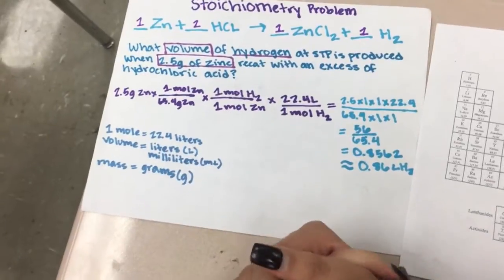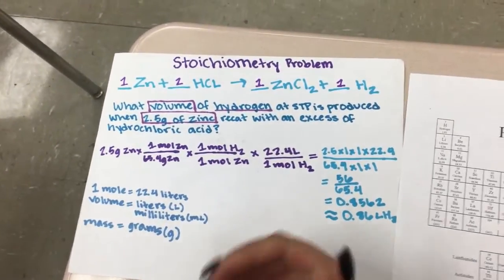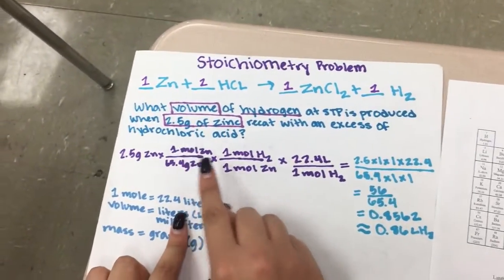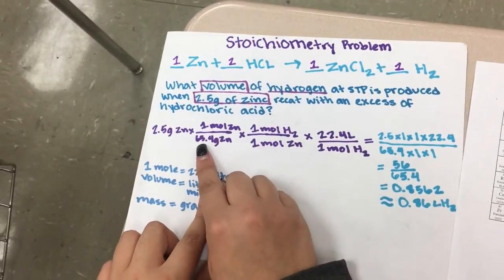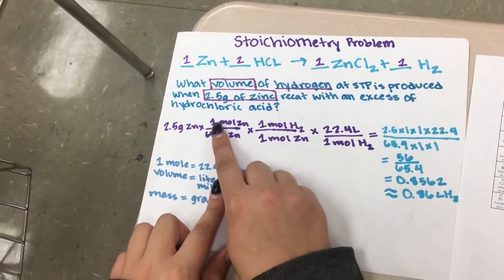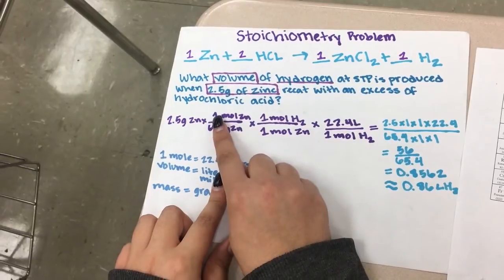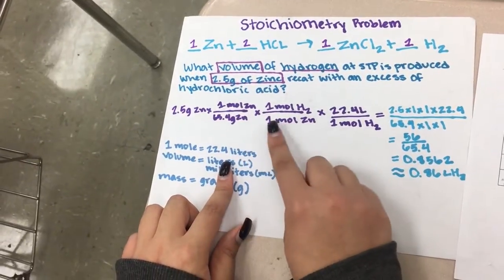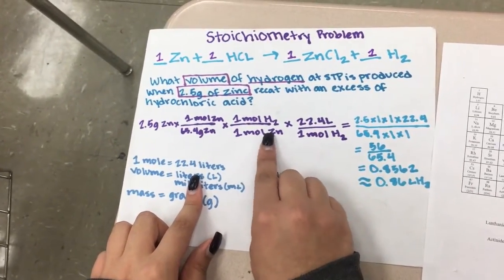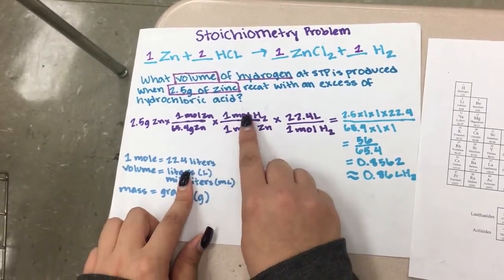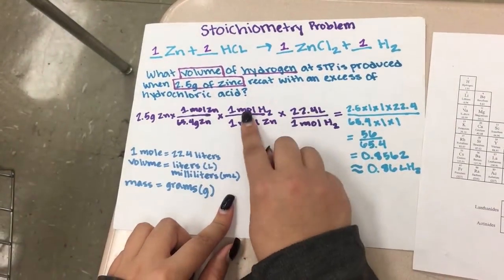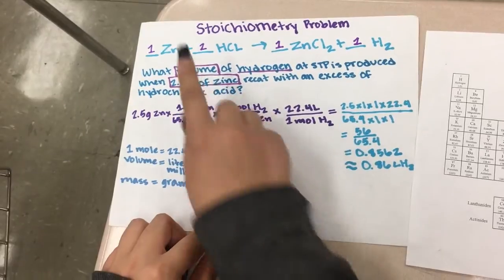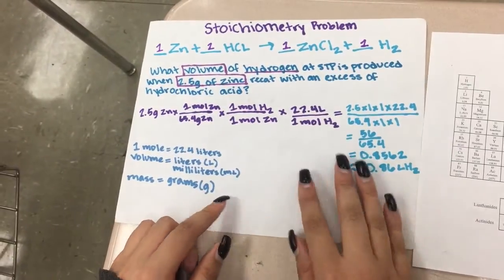One rule in a stoichiometry problem is that whatever unit's in the top has to be in the bottom, and because 65.4 grams of zinc is equal to 1 mole of zinc, we have to put 1 mole of zinc in the bottom as our unit, which is also equal to 1 mole of H2. H2 is equal to zinc because of the balanced equation.